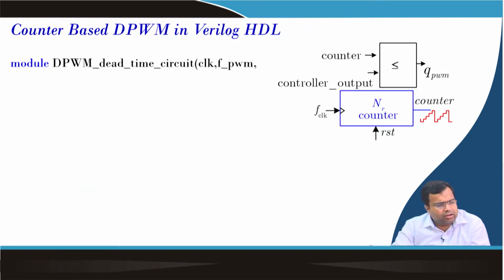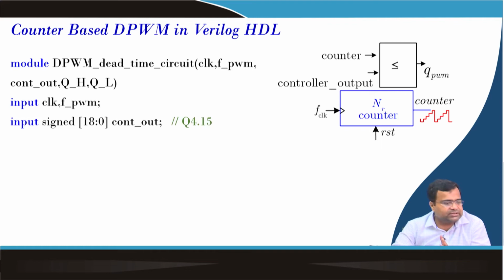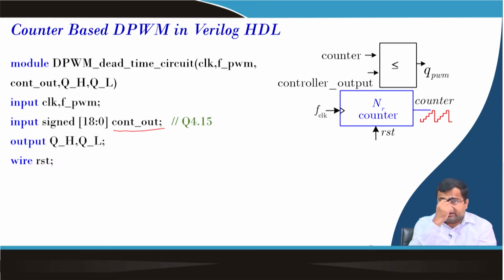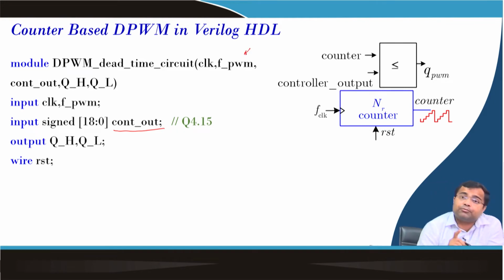Again, all this circuit and the Verilog code we explained in the previous lecture, so I am not going to repeat it. The only thing is the controller output, which we will define ourselves, because we are not using any closed-loop controller. It is user defined for the time being. The PWM switching clock we are not utilizing here, because we are not synchronizing.